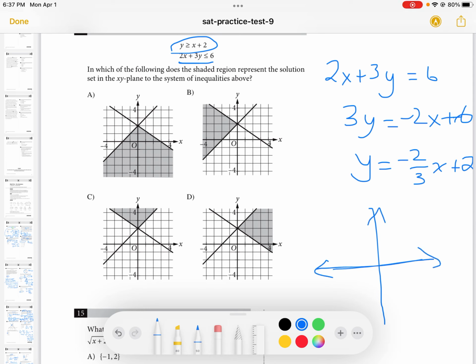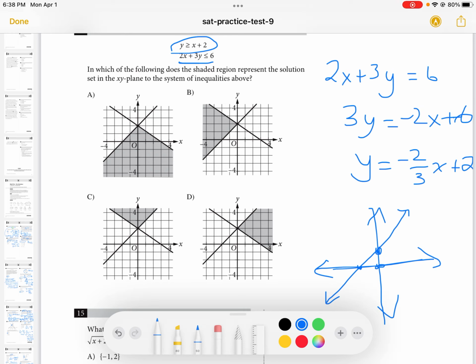Pretend this is the line. We have y equals x plus 2. That's our y-intercept, and that's our x-intercept. So we can pick a point from either side, and if that point is not a solution to the inequality, then we know the other side of the line is the solution set.